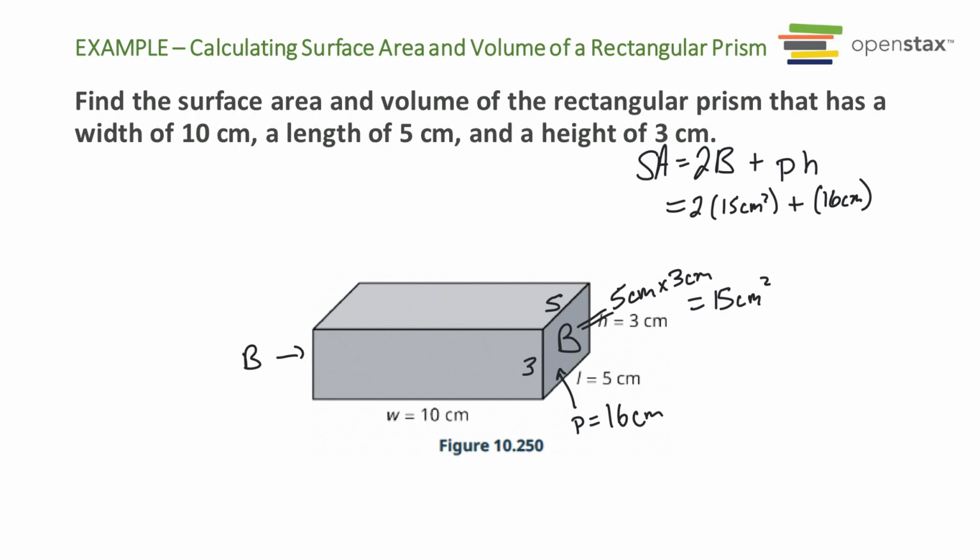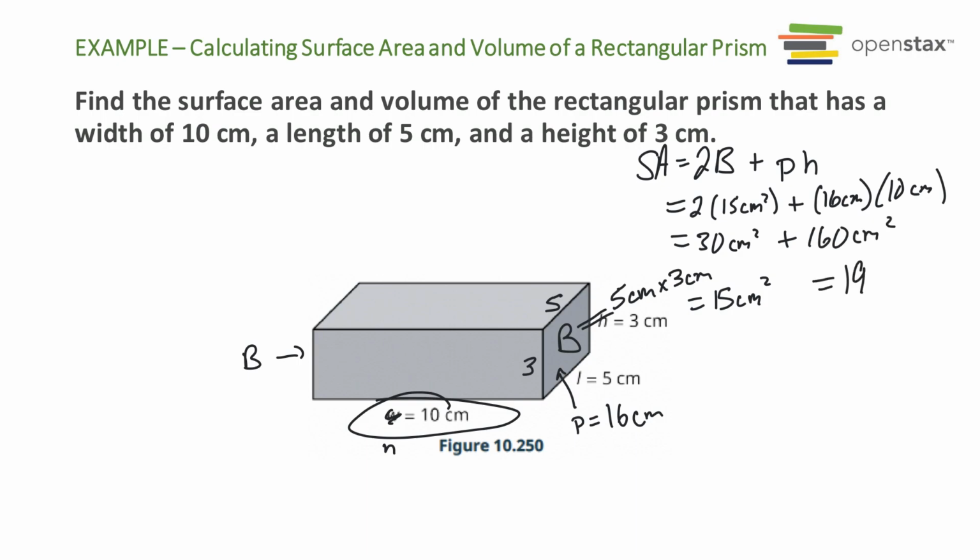And then the height is given by, I know it says W, but you can think of it as the height as 10 centimeters, so 10 centimeters. And so that's going to be 30 centimeters squared plus 160 centimeters squared. So we're looking at 190 centimeters squared.